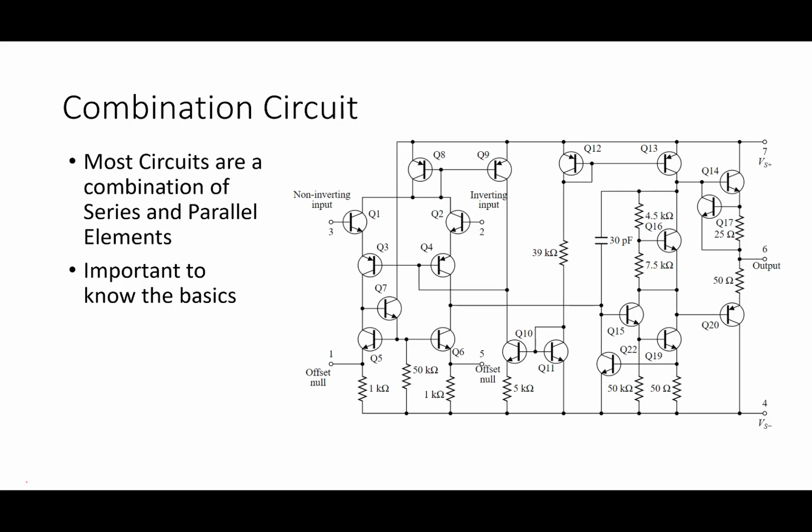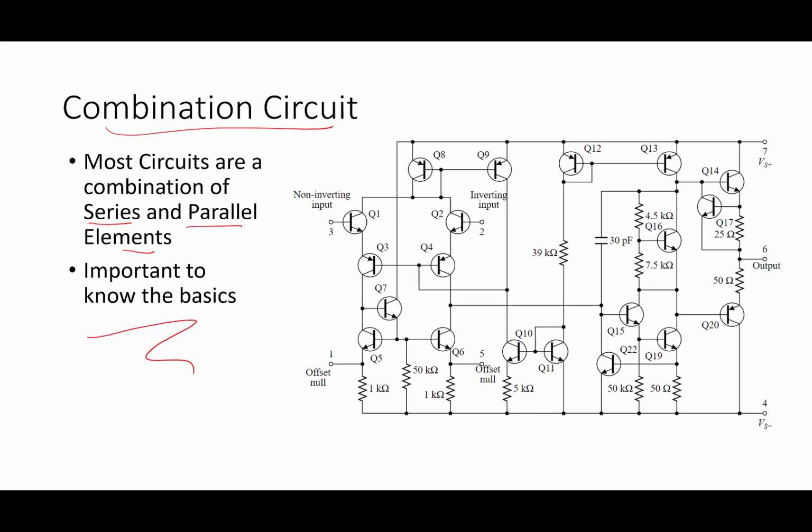Most of the circuits in the world that you and I encounter are combination circuits. They're going to be a combination of series and parallel bits. You talk about wiring everything from your cell phone to your iPad to a thermostat. There's a lot of parts to it, but they are made up of combinations of the basics.